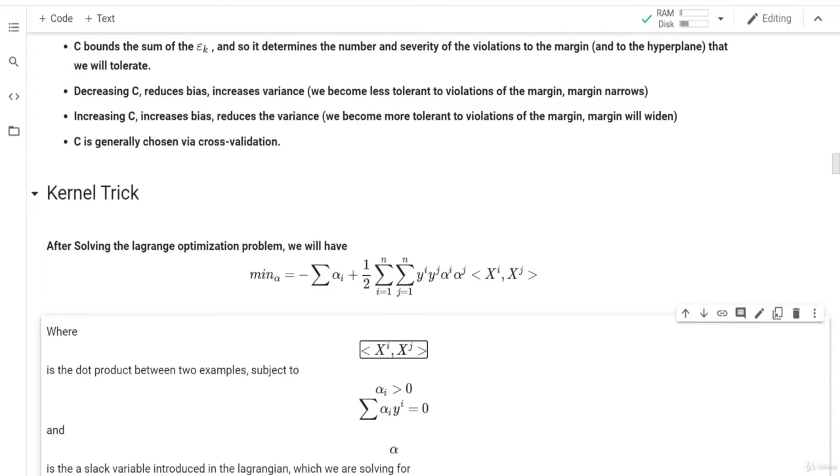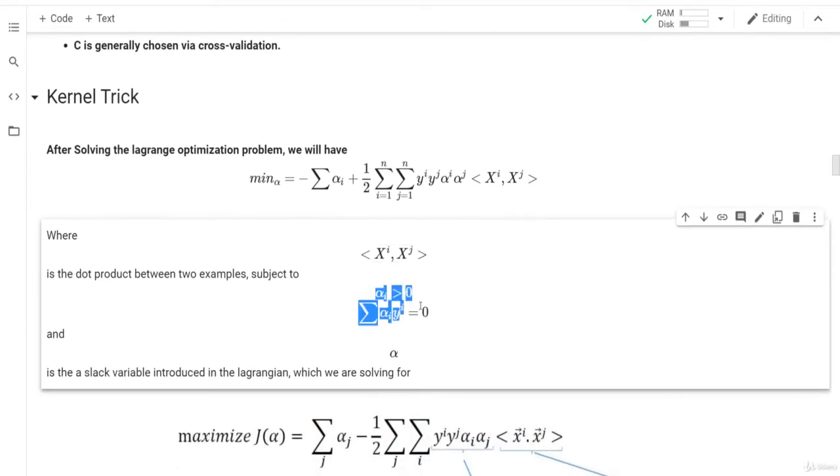We don't really care about this for now. And these are the constraints we have for this optimization problem. We also don't care about this, and alpha is basically a slack variable. What are the other slack variables we introduced before? We introduced eta. So a slack variable is something we can introduce to solve a specific problem in our optimization.